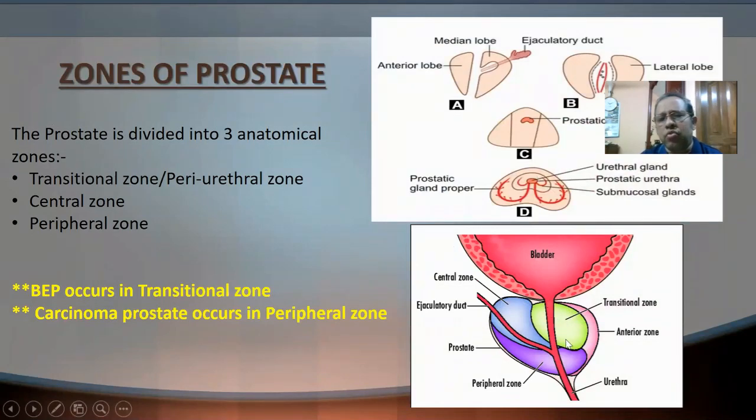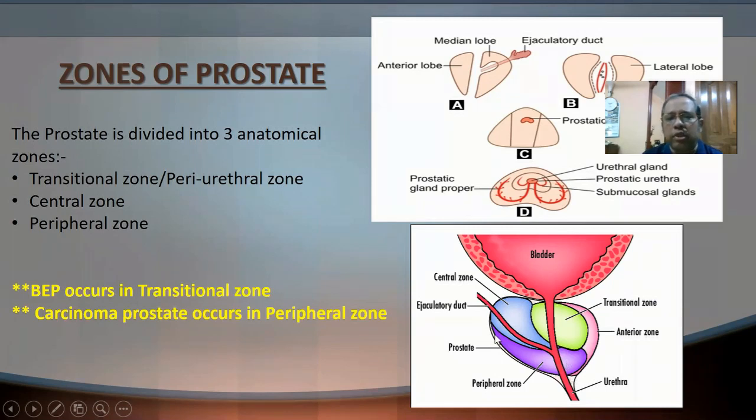These are the transitional zones, these are the central zones, and this is the peripheral zone. The very important thing is that benign enlargement of the prostate occurs in the transition zone, around the peri-urethral area, and carcinoma of prostate develops in the peripheral zone.